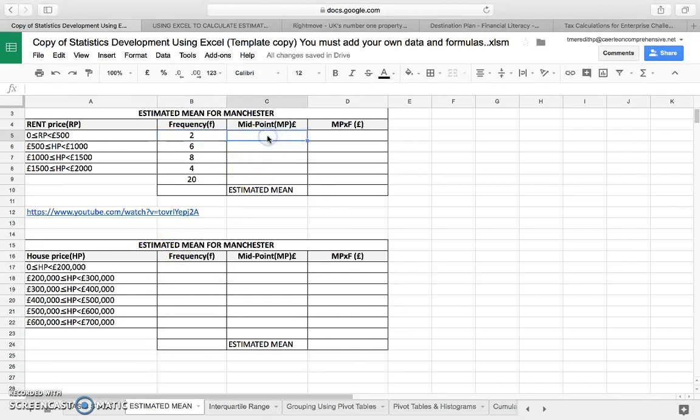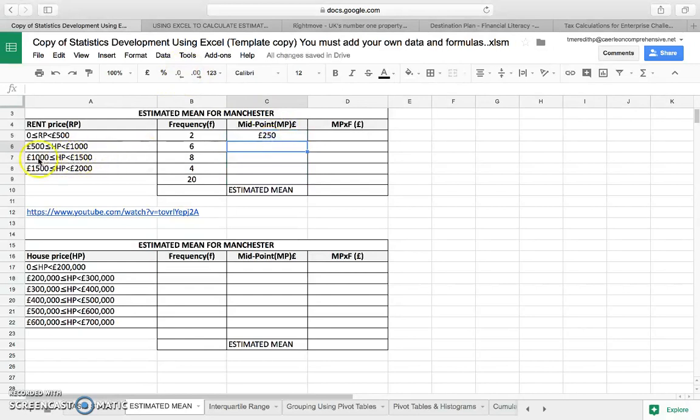So now then, what the midpoint is. So what's the middle point between those two? Well, that's 250. The middle point between 0 and 500 is 250. So I'm going to type that in there. Okay. If yours is not putting pound signs on, okay, currency, you can highlight the cells and make sure you push that there, and you can get rid of the decimal points using that tool there.